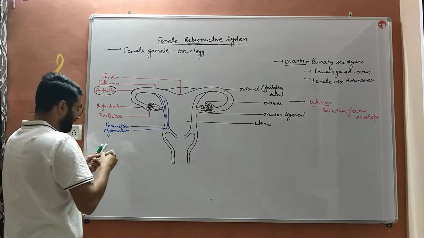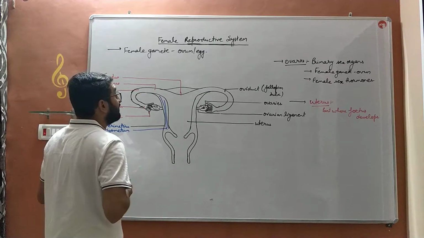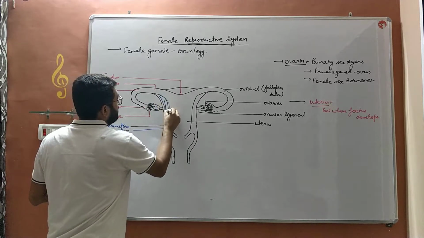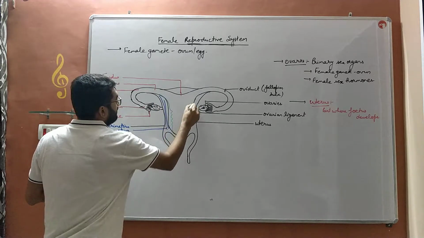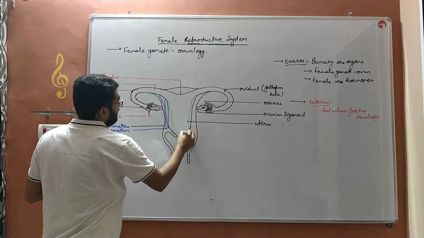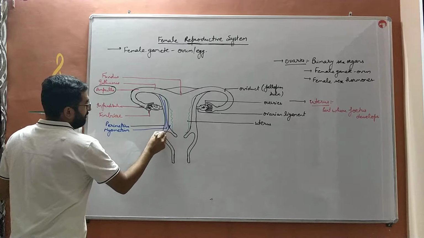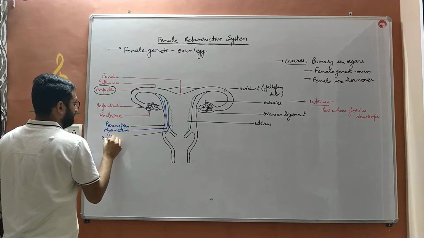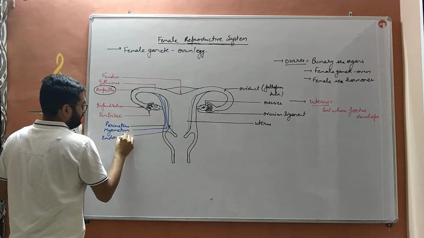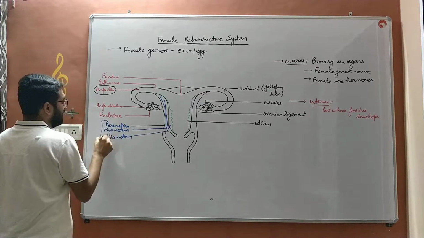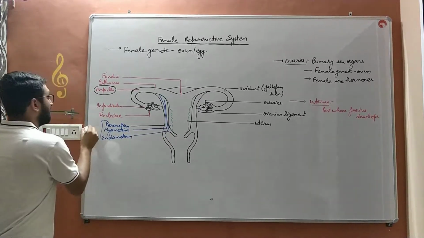And then it has a thick inner layer with folds. That inner layer is referred to as endometrium. So these three layers constitute the uterine wall.